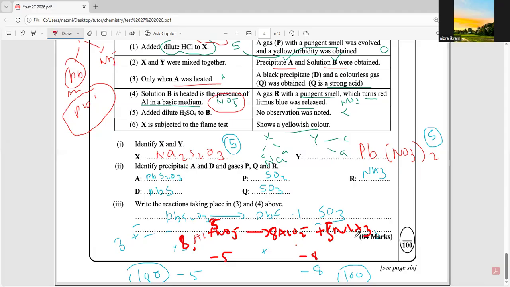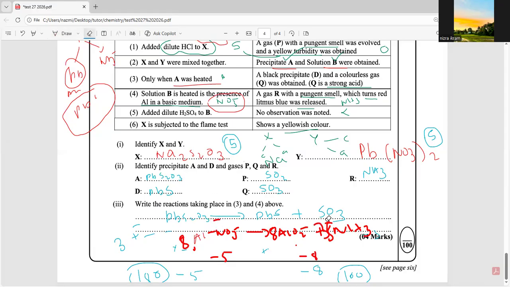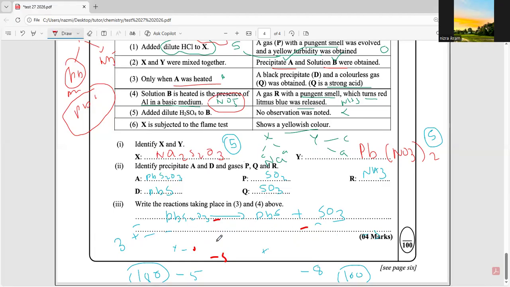Here 3, not 5, it's 3. Aluminium, NO3 minus, ammonia, and AlO2 minus. So here 8, 3, 3 and 8. Okay, here minus 3, here minus 8.